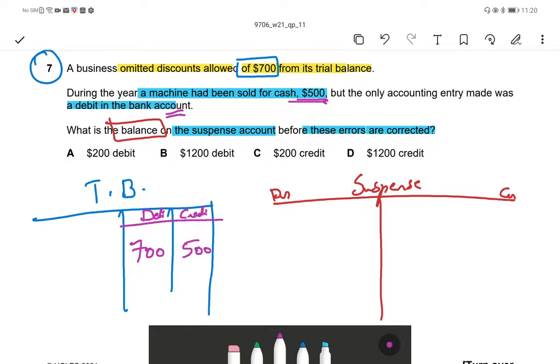So the net effect: debit side 700, credit side 500. The difference will be 700 minus 500. Still the difference is on the debit side, 200. The net effect is on the debit side. The other 500 is compensating. So the suspense account balance brought down will be on the debit side, 200. So the correct answer is 200 debit.